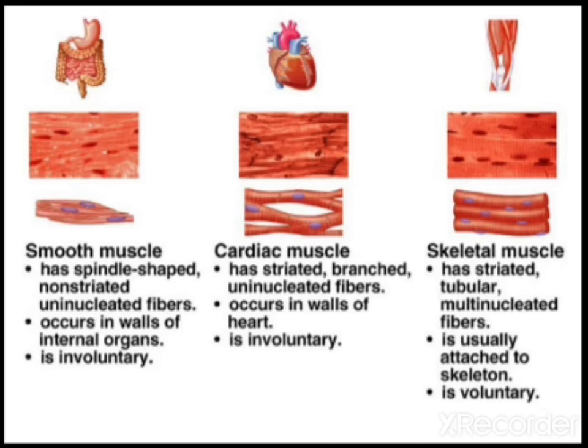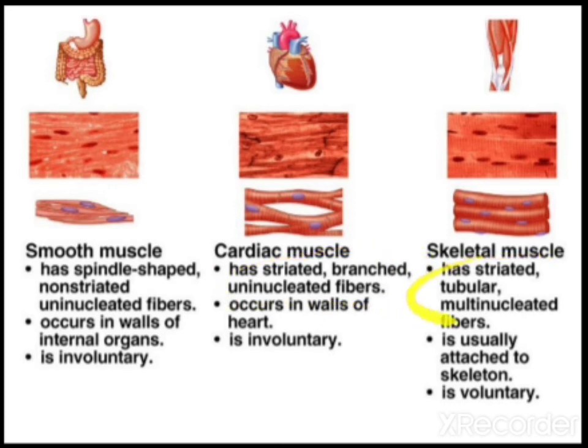So now let us compare all these three types of muscles. This comparative study can be asked as a 3-mark question, children. Study this thoroughly. Smooth muscle fibers are spindle shaped, non-striated and uninucleated. Cardiac muscles are striated, branched and uninucleated.